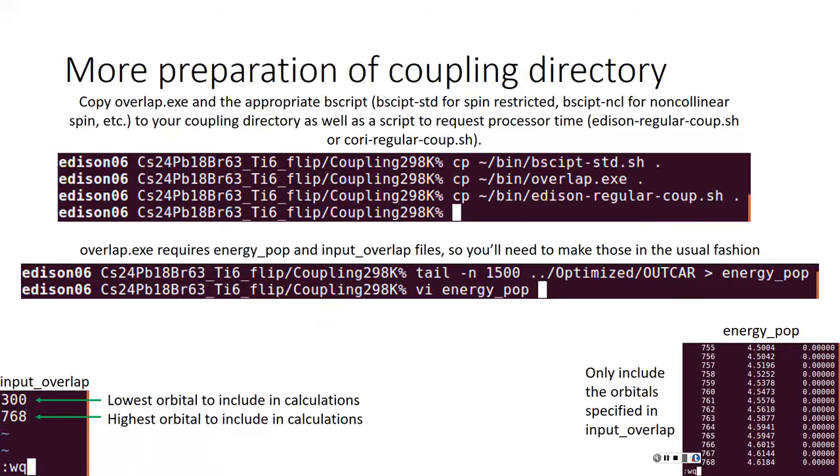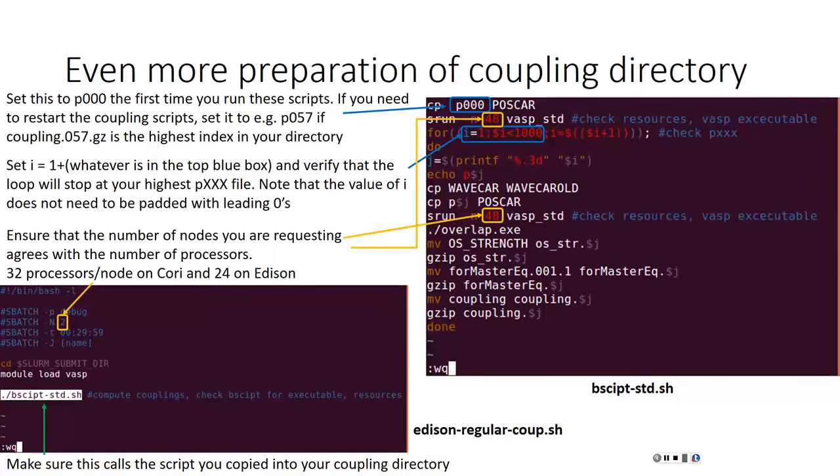So okay, this isn't super clear on here, I guess. This is the Edison regular coupling one. This is the B script file. So what this will do is you tell the computer cluster what kind of job you're doing, all that, and then instead of just running VASP, you call this script, and this script is what actually runs VASP.